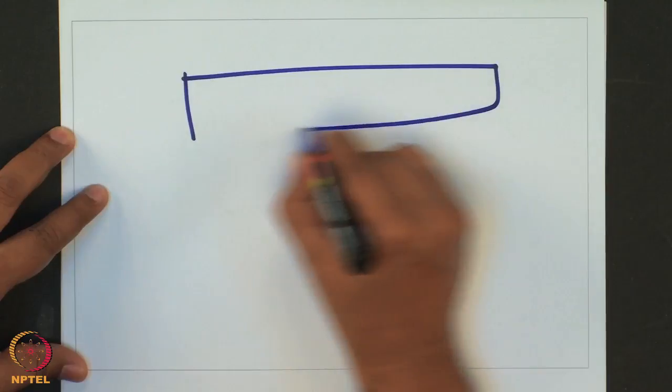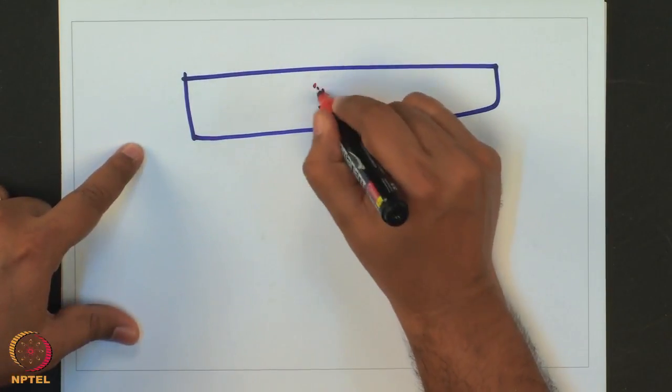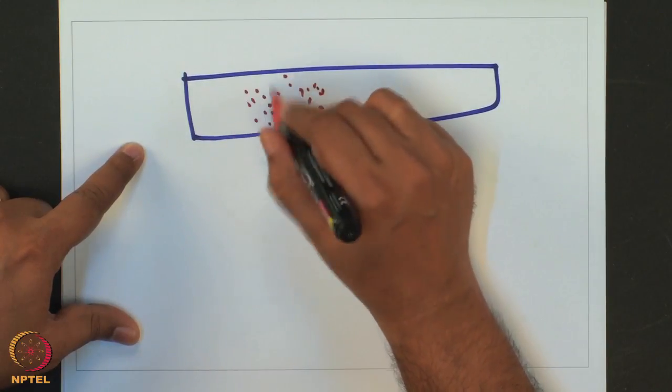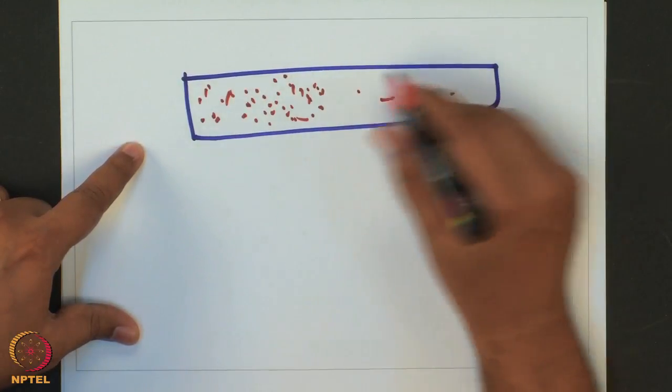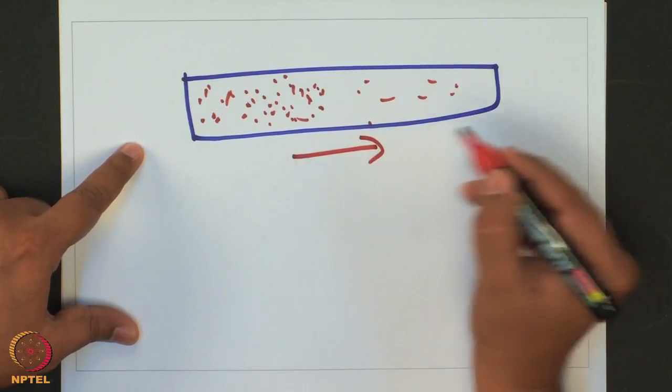So, let us think of two situations here. First let us think of higher concentration on the left side and lower concentration on the right side. So, higher concentration here, lower concentration here. So, the flow will be in this direction.